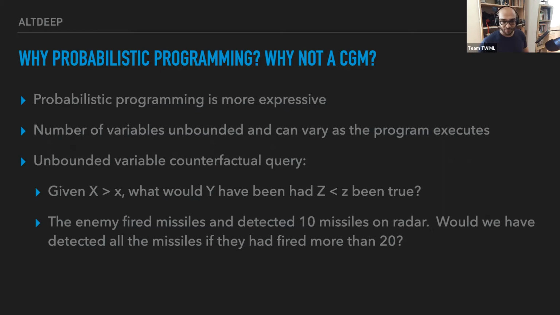It's a missing value problem. There's a systematic bias in the missingness, so you might want to phrase this query as an unbounded query, and that you could not do with a closed DAG, the kind of DAG that you would have underpinning a structural causal model. You would need an open, unbounded number of variables.